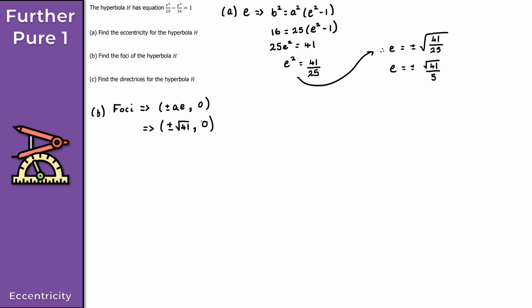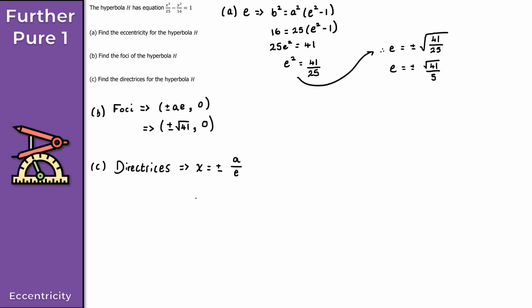And then finally here for part C, all we want to do now is find the directrices for the hyperbola H. So for part C then, for the directrices here, let's just write this down. Just recall these are given as follows. So it's x equals plus or minus a over e. Okay.